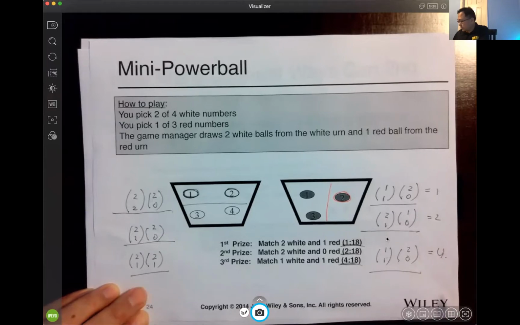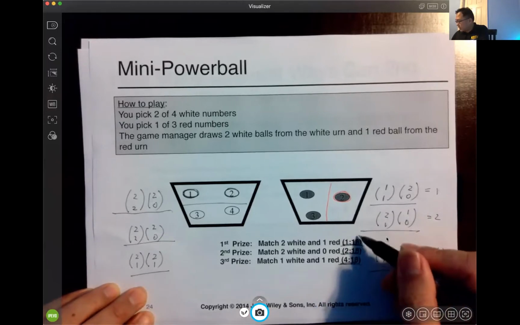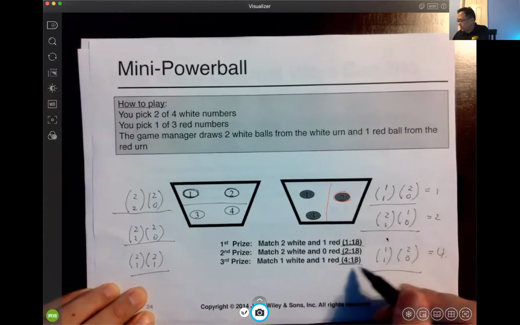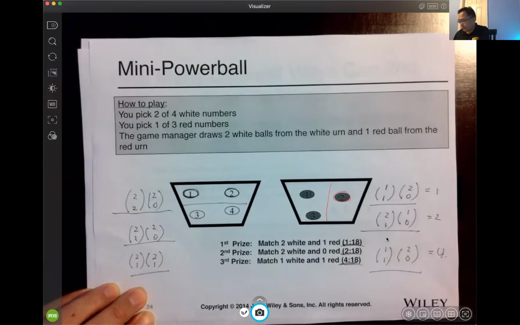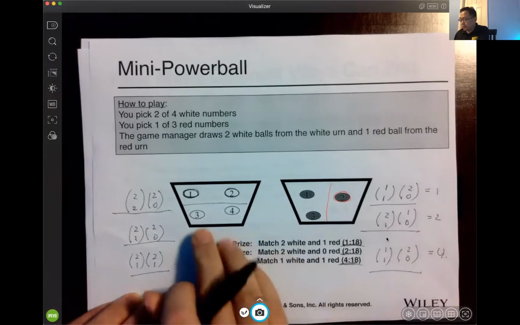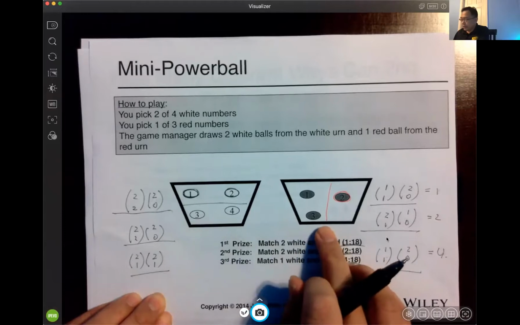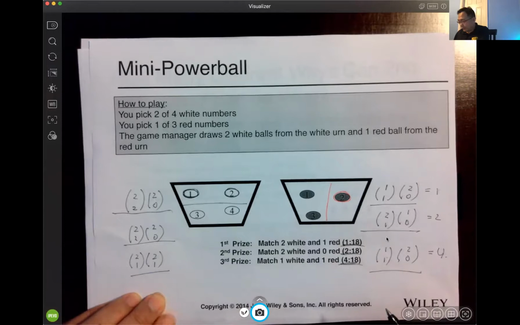Now, you see the odds are 1 over 18, 2 over 18, and 4 over 18. Where does 18 come from? Well, 18 comes from if I just choose 2 balls from the white urn and 1 ball from the red urn, how many choices do I have?